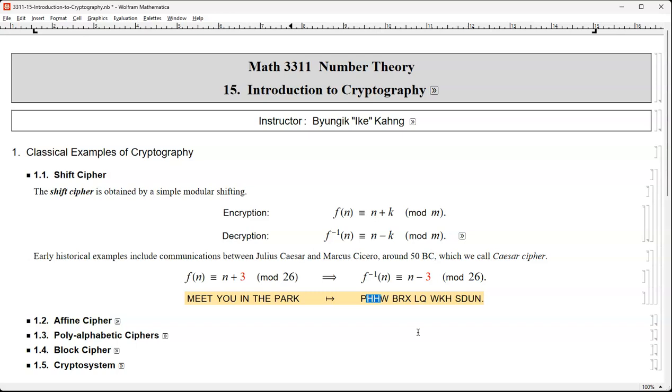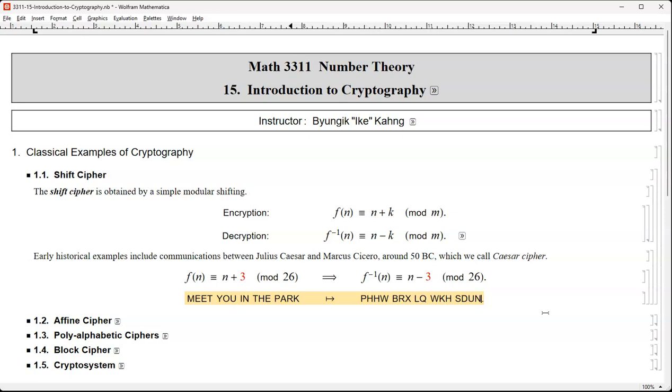I mean, AA, II, UU, those do not appear very often. Of course, those could be TT or something like those, but T's appear often, though not as much as vowels. Anyway, through statistical analysis and trial and error, you can easily break shift cipher.